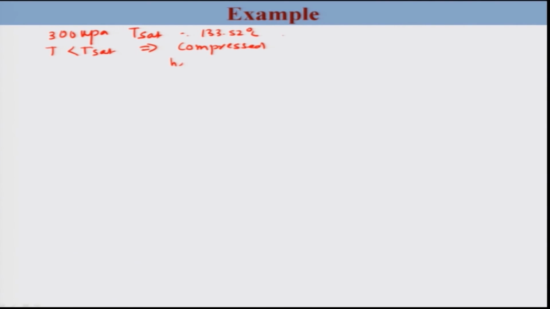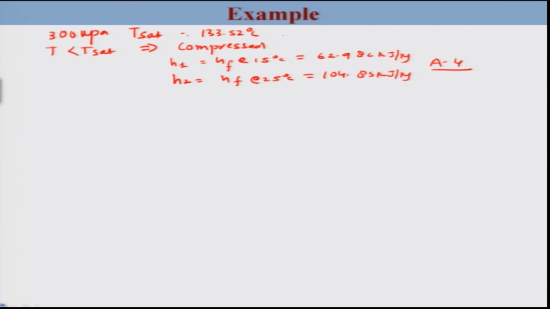In that case we can consider h1 to be simply the saturated liquid condition at 15 degrees Celsius and h2 as hf at 25 degrees Celsius. Now you can get this information from table A4, and these values are 62.982 kilojoules per kg and 104.83 kilojoules per kg. So the water is known.